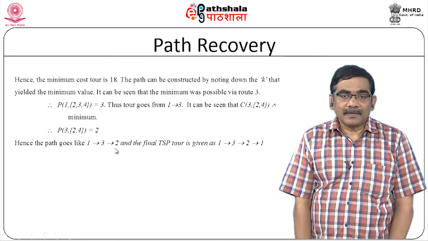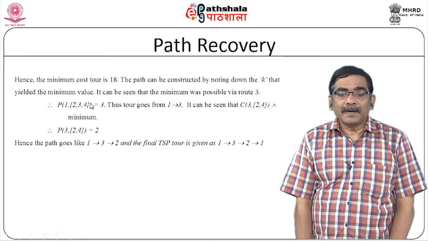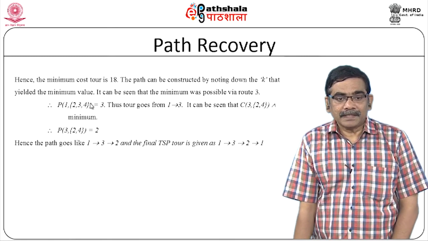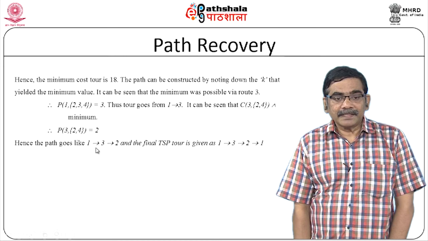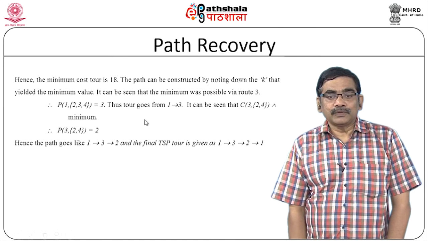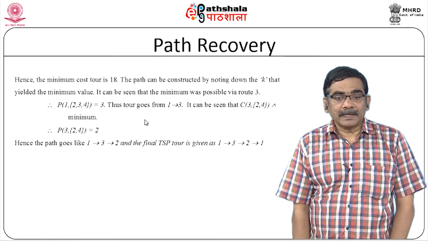There are only 4 vertices. So, 1, 3, 2 is visited, therefore I can go back to city 1. In other words, I will visit 1, 3, 2, 4 and then go to 1 again. So, this is the path recovery for this particular problem.